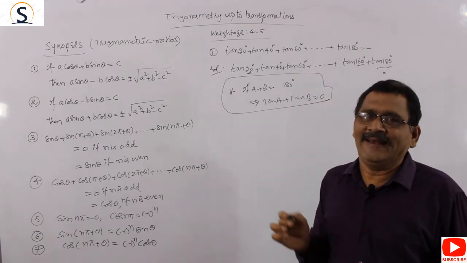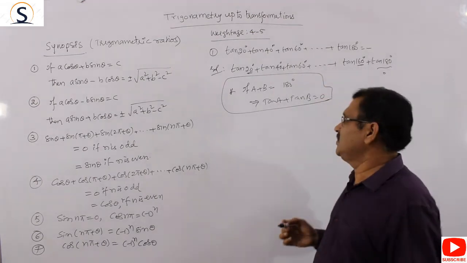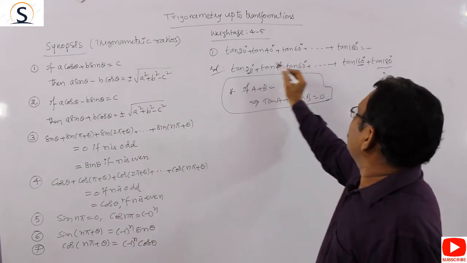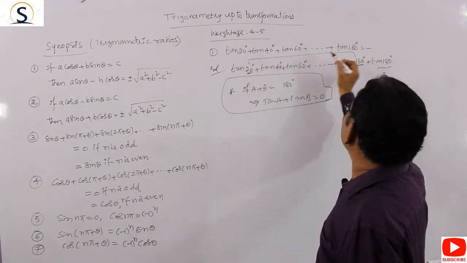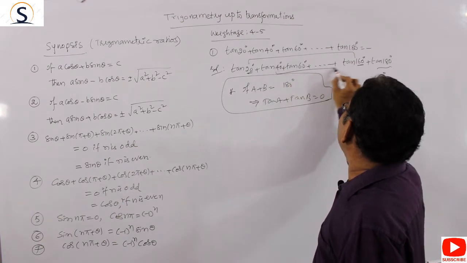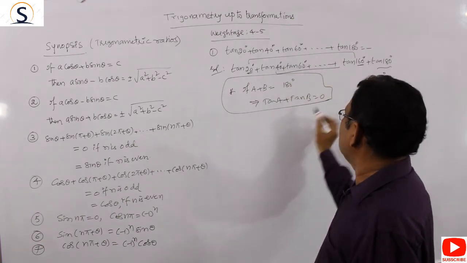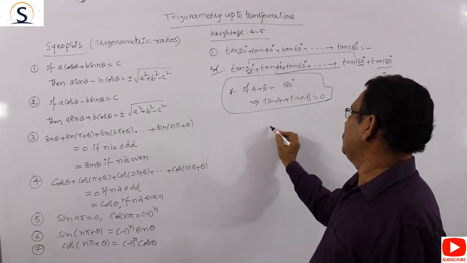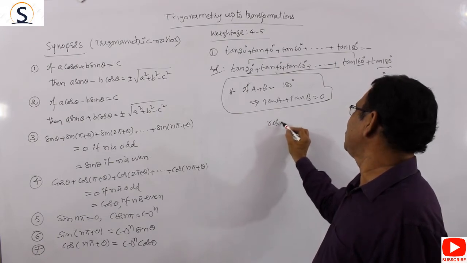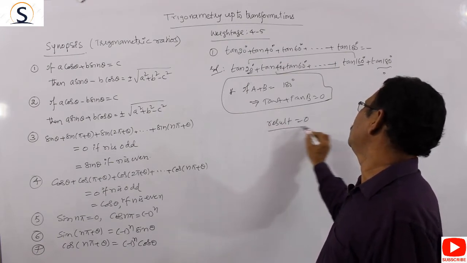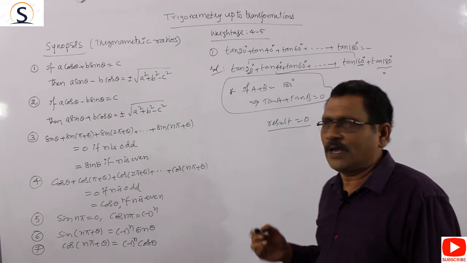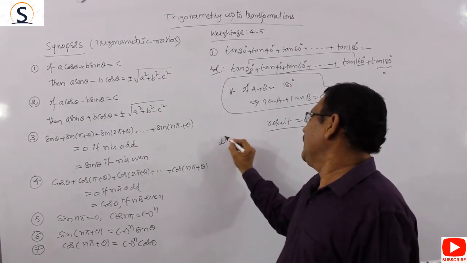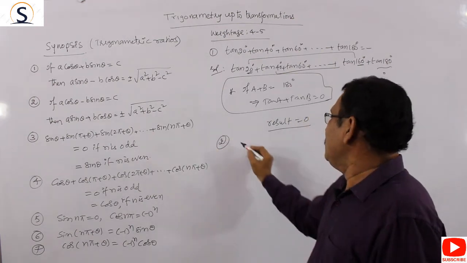So, that is also tan A plus tan B form, that is also equal to 0. Therefore, this sum is 0. Next sum, its preceding term. So, all the terms 0, the result is 0. This is the result of this series. Okay. We'll go to the next problem.